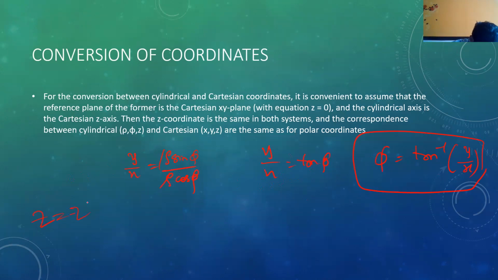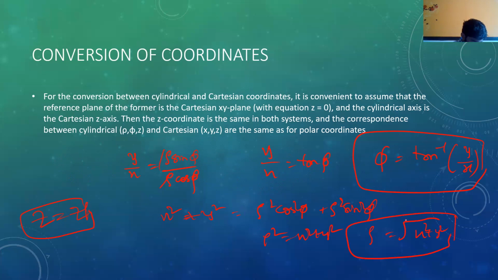We also know that z equals z. For rho, x square plus y square gives rho square cos square phi plus rho square sine square phi, so rho square is equal to x square plus y square, and rho is equal to root of x square plus y square. So to convert Cartesian to cylindrical form, we get these three equations.